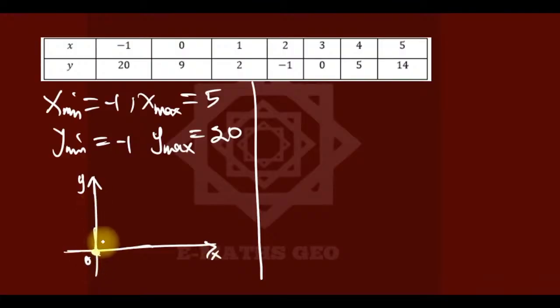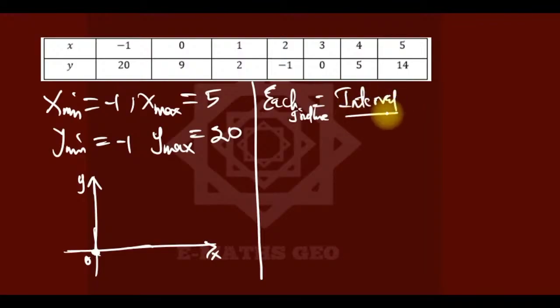Some students will just go straight and divide the graph into two. No, you need to know the values first, and again we need to know each of the grid lines. So for x, each grid line is very important. The formula is each grid line is an interval you are going over the total grid line.